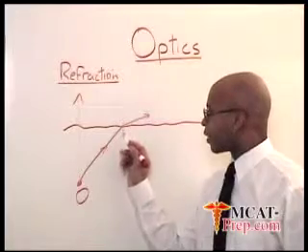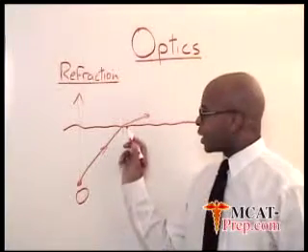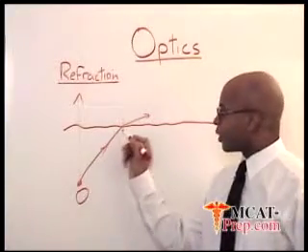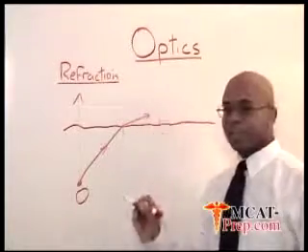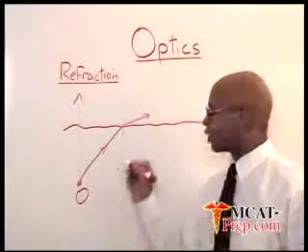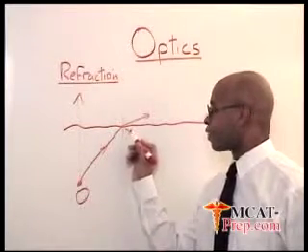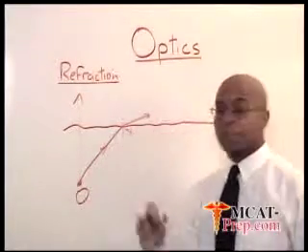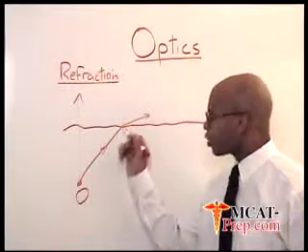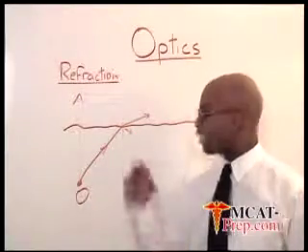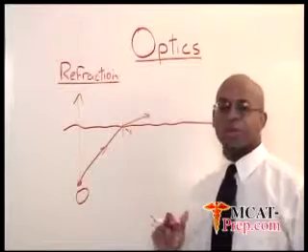Now note, even though the light ray is being refracted, there's always a portion of the light ray that is being reflected. When a light ray is being transmitted through a surface, there's always going to be part of the light ray that will be reflected back into the medium.